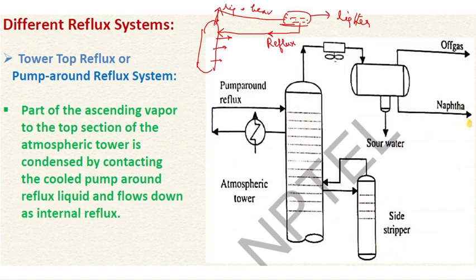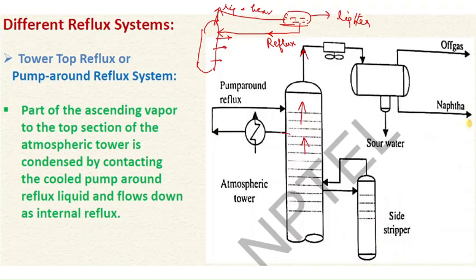Tower top reflux is where part of the ascending vapor to the top section of the atmospheric tower is condensed by contacting the cooled pump around reflux liquid and flows down as the internal reflux. Suppose vapors are going up like this.